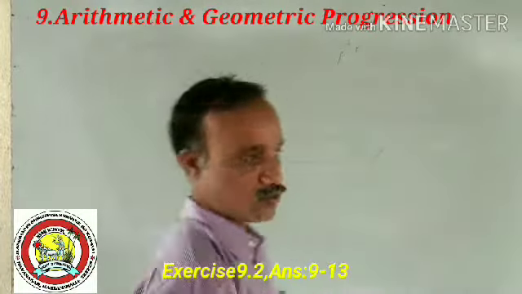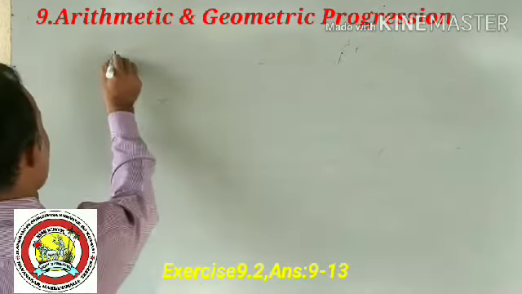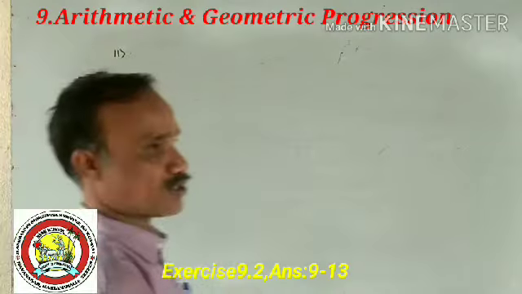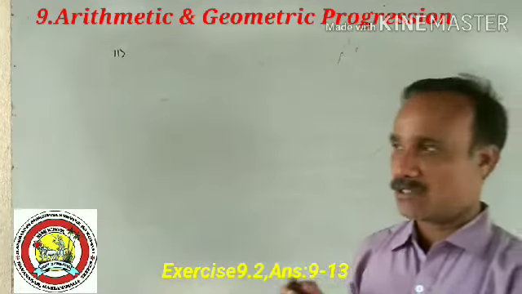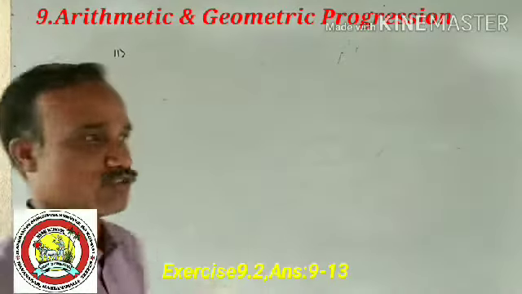Determine the AP. AP means, I told you, while you are finding the AP, you must use the standard form of arithmetic progression, that is a, a plus d, a plus 2d. Minimum 3 terms you should write.